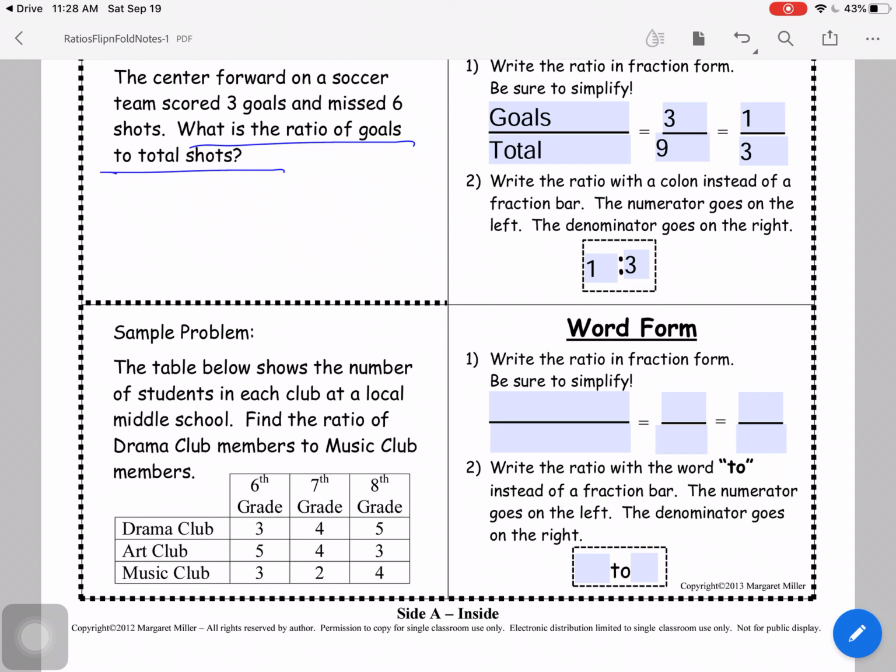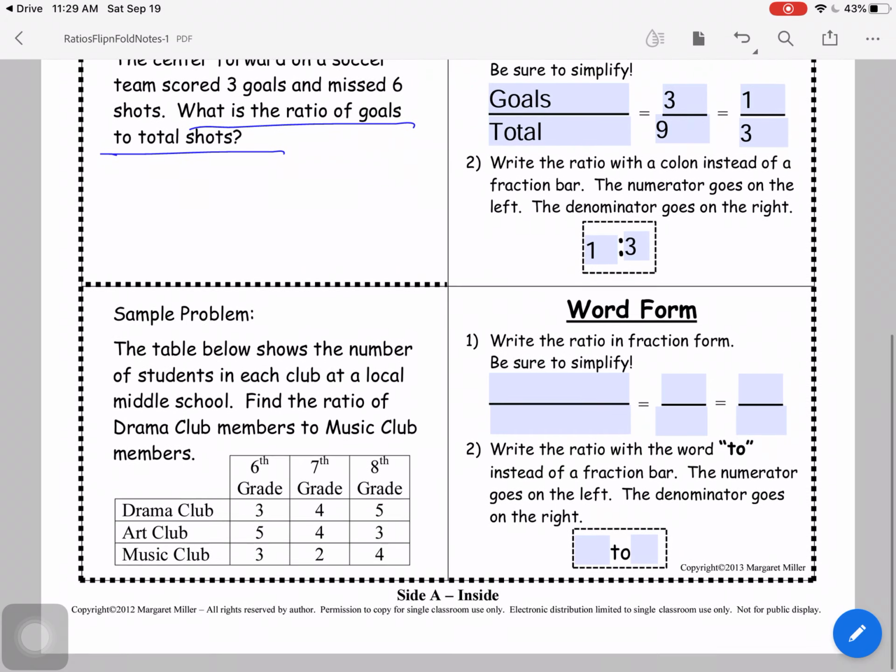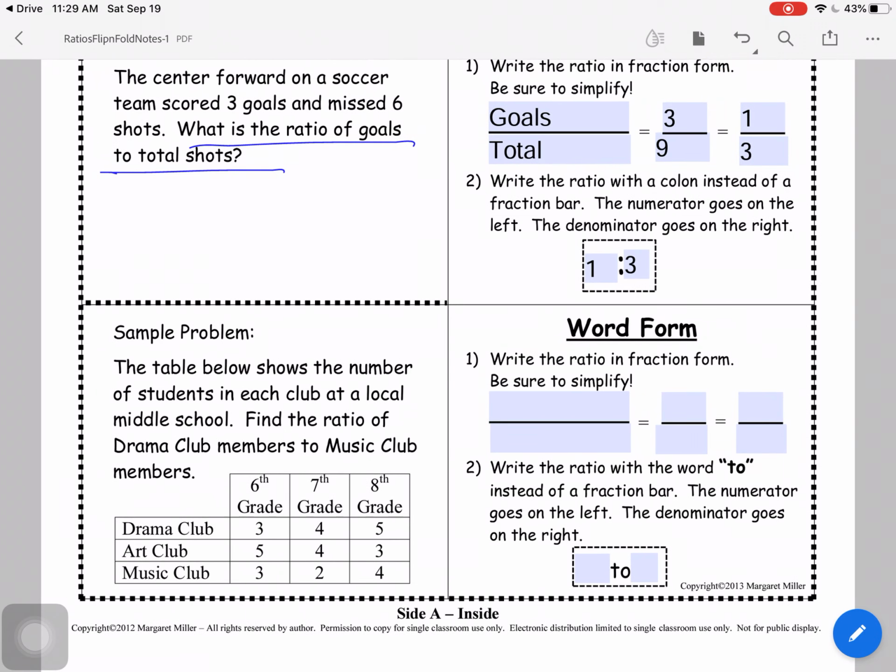So the way we read this is 1, the colon says the word to, and 3 will be our total shots. And the very last way that we can write a ratio is in word form. So we're going to use the word to.